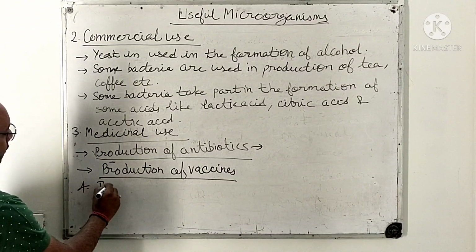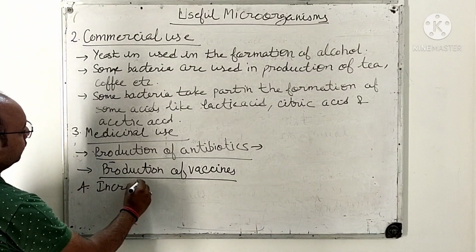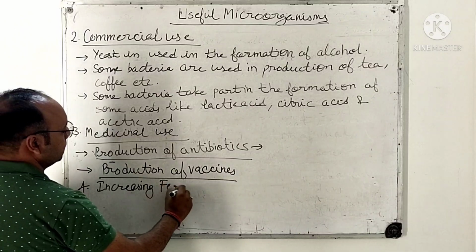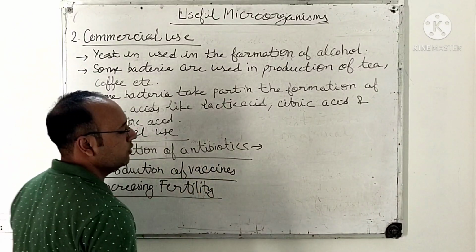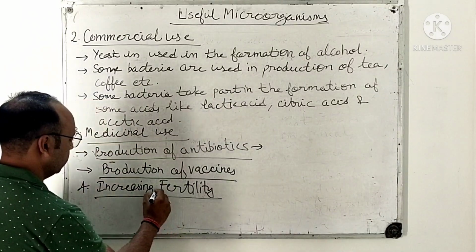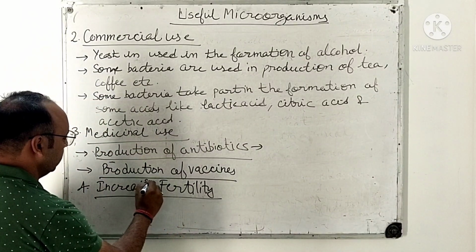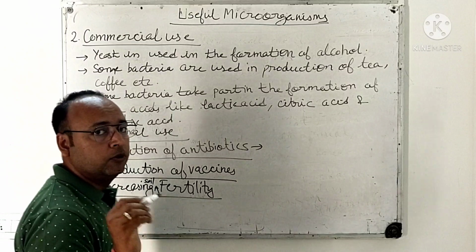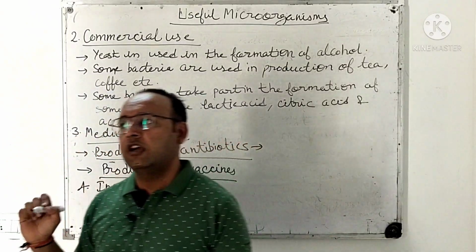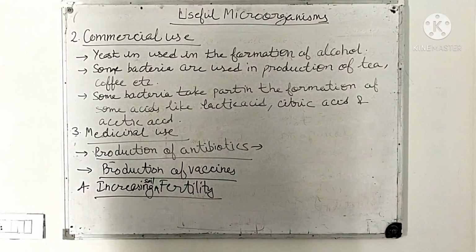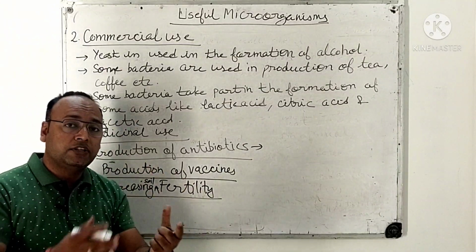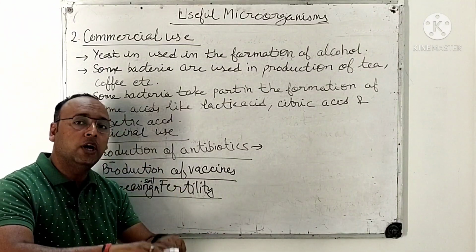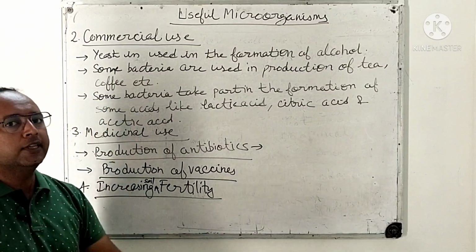Then we have increasing soil fertility. Dear children, soil fertility. Because microorganisms increase the soil fertility. How do they increase it? We know that some bacteria like blue-green algae live in the soil and they fix atmospheric nitrogen into the soil so that the plants can utilize this nitrogen.